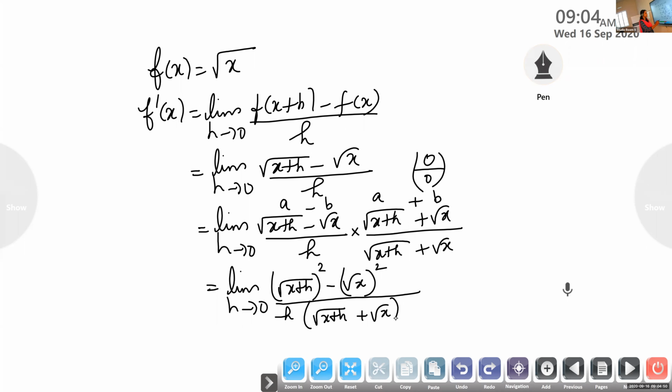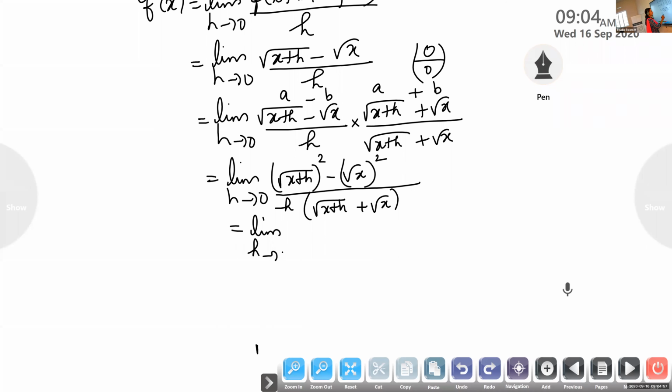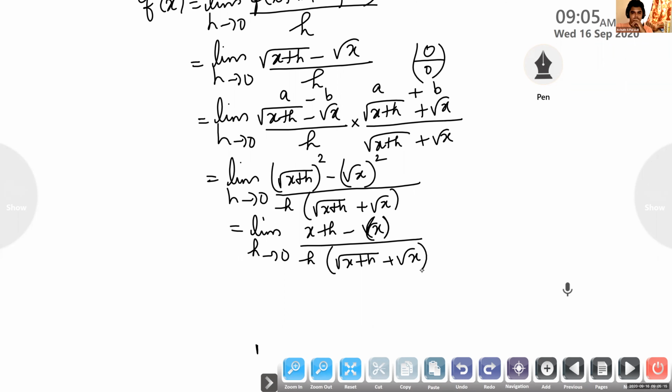Root and square get cancelled. Plus x minus x gets cancelled.